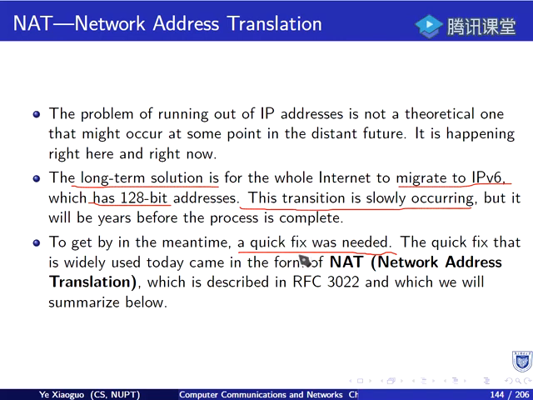That means before we completely migrate to IPv6, a quick fix was needed. This quick fix, widely used today, is network address translation, NAT, which is described in RFC 3022 and which we will summarize below.